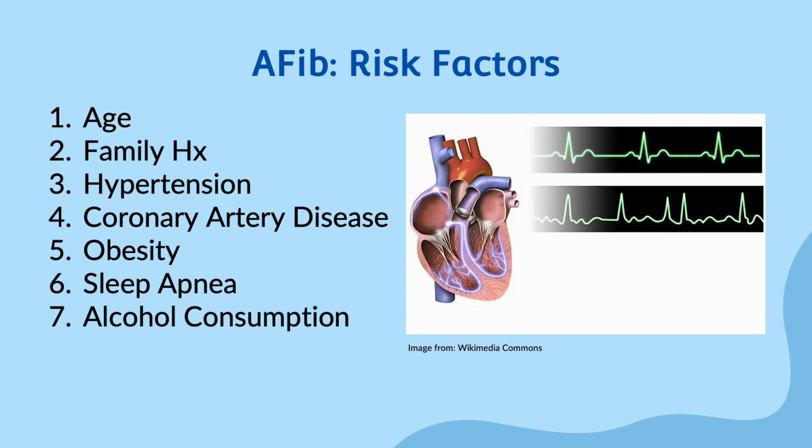People with atrial fibrillation also have an increased risk of developing thromboembolic events, such as a stroke. This is because the quivering of the atria can cause blood to pool and form clots, which can then travel to the brain after being ejected from the ventricles, and then they will cause a stroke.